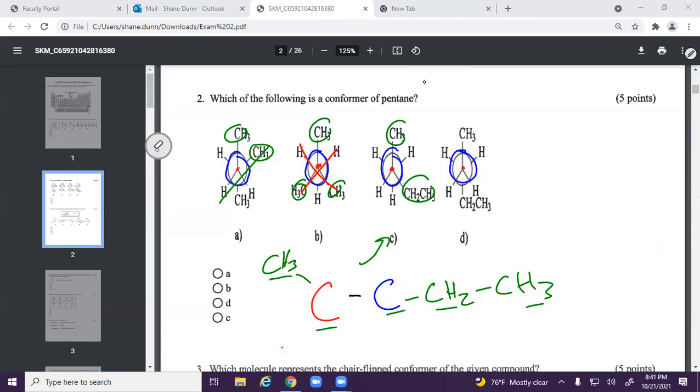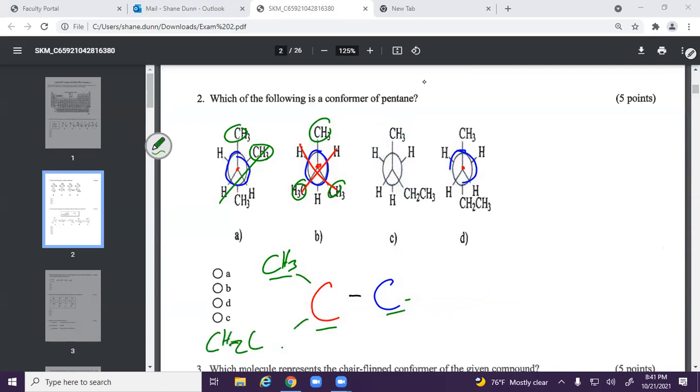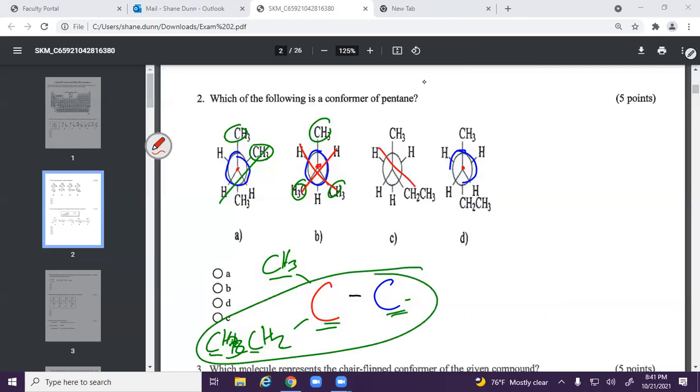That's actually D. I just showed you what D looks like. I misread it. Sorry. For C, I drew the circle so much. That's connected to the second one as well. So you'd have this, CH3, CH2. So you would have this structure. So 1, 2, 3, 4. You'd also have butane. That's incorrect.